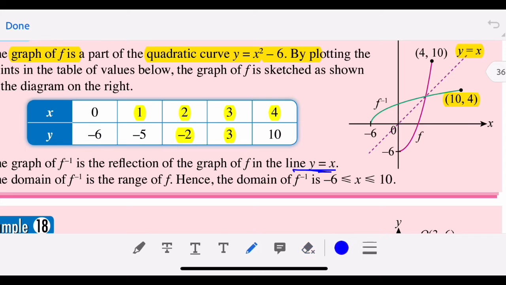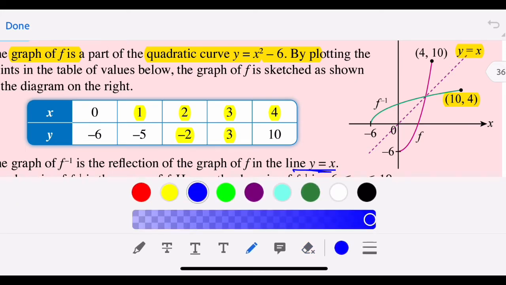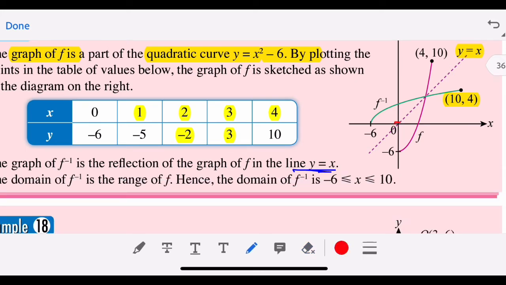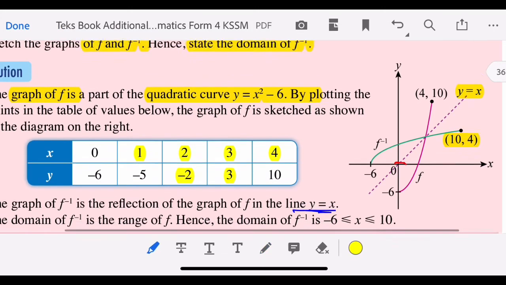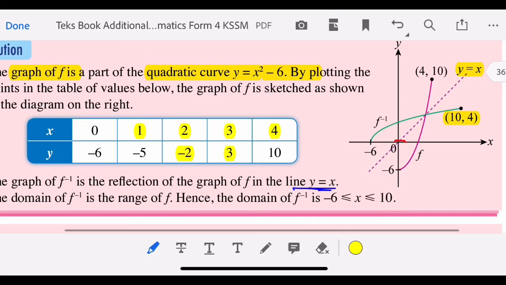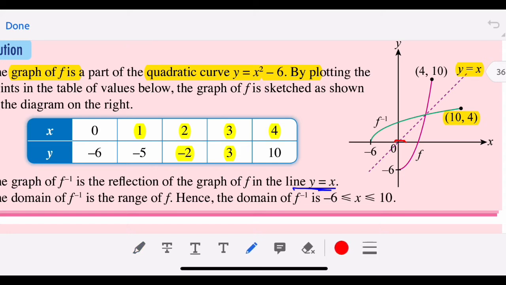Let's highlight the domain of f. The domain of f is from 0 to 4 right here. I'm highlighting using the red pen. Okay, let me change the color. So this is the domain from 0 to 4.